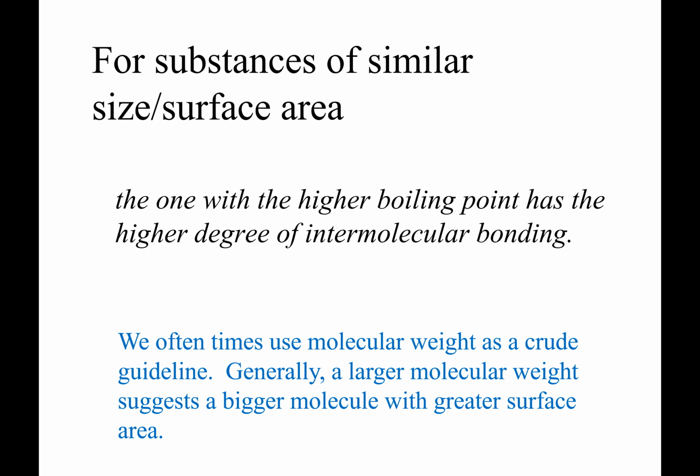One of the things we did Monday was to look at, and we'll do a little bit again today, molecular weight. So I'm going to say the higher the MW, which stands for molecular weight, the stronger the bonds.